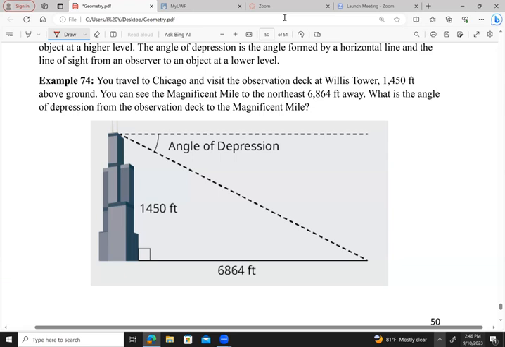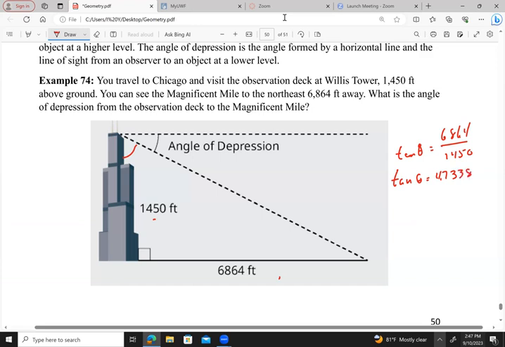Okay, our problem here, this is what we can do. Tangent of our angle is equal to 6864 over 1450. Right? Opposite over adjacent. 6864 divided by 1450. Now the tangent of our angle here is 4.7338.